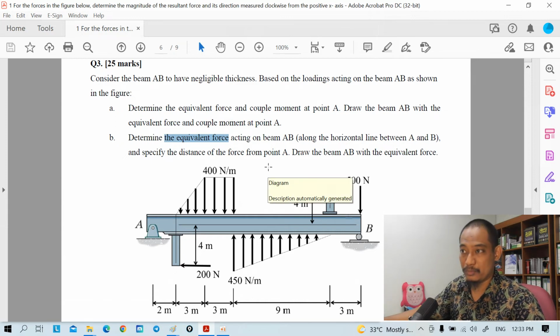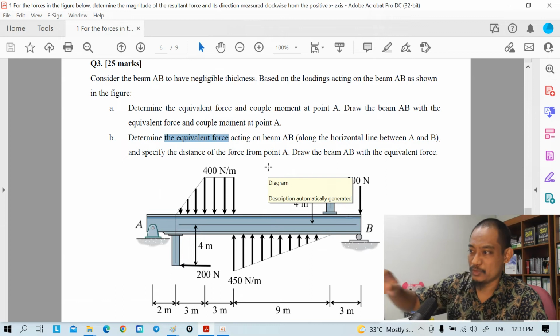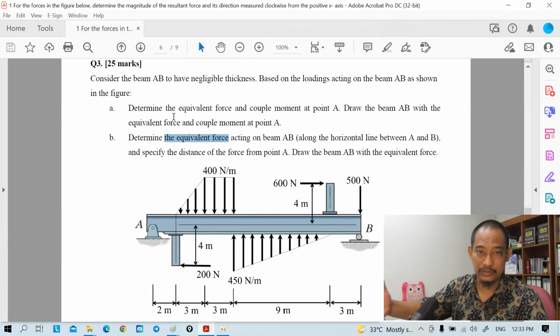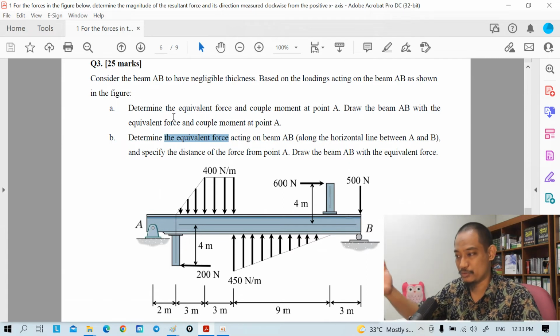So this is not really a trick, but some students just looking at the diagrams, for example, they see this diagram here, straight away they solve for support reaction for whatever reason, because the question does not even ask for support reaction, right? So do not go and spend the time on something that you shouldn't do.